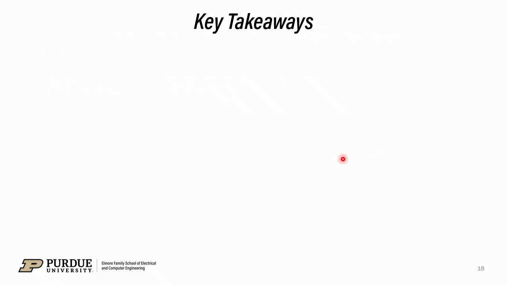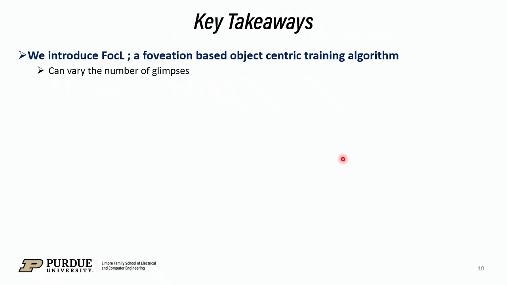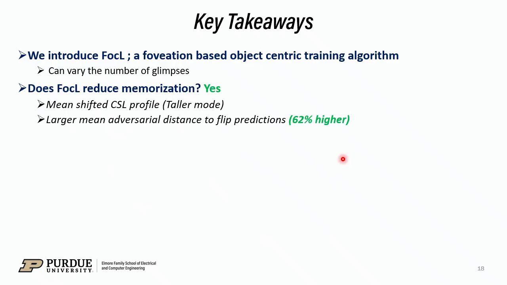So, concluding our presentation, we introduce FocL, a foveation-based object-centric training algorithm, where we can vary the number of glimpses for training. To show the benefits, we ask 3 different questions. The first one, we ask, does FocL reduce memorization? And we validate this through 3 different experiments.